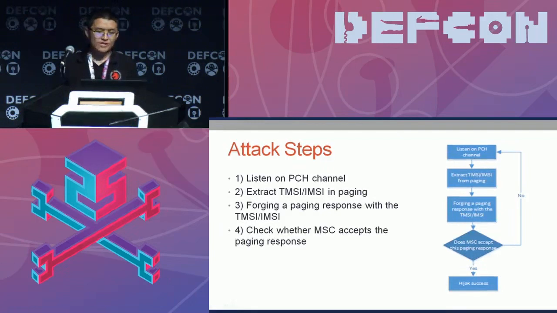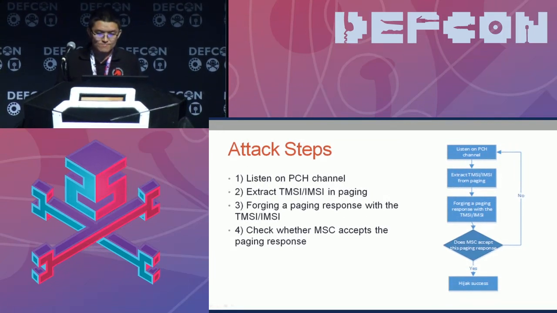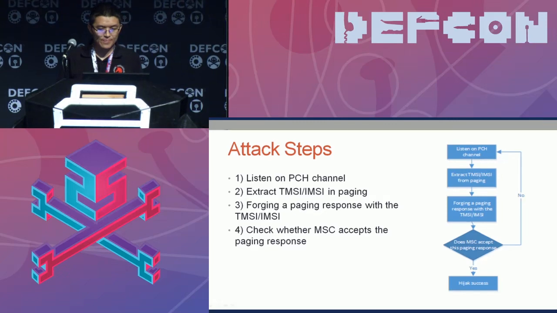The attack steps in our experiment are listed here. The first step is listening to the PCH, the paging channel, and secondly, extract the TMSI or IMSI in the paging messages. The third step is forging a paging response message with the captured TMSI or IMSI.